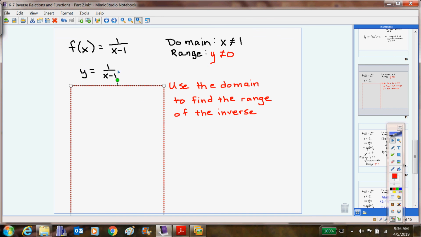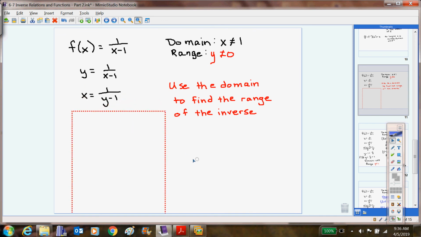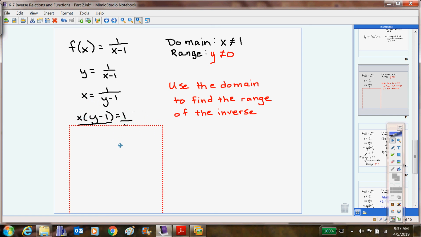So we want to find our inverse. You would put y equals 1 over x minus 1. You would switch the x's and y's, and then use algebra to solve this. As I said, it might be a good idea to go back over this and listen again at home. So we're going to solve for y.